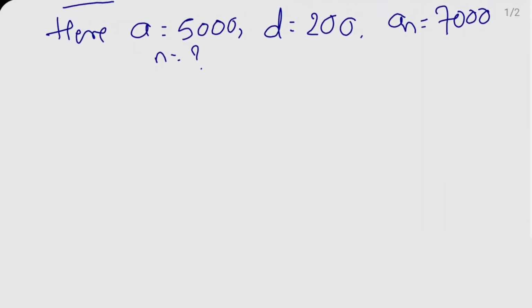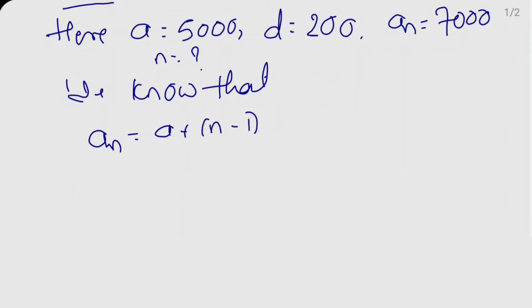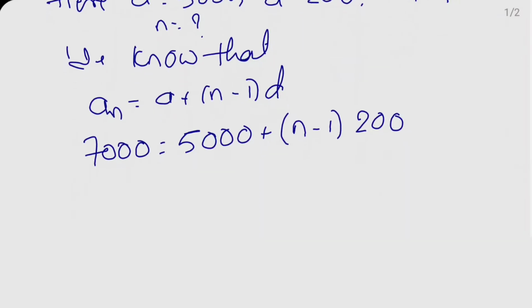So now here we know that AN equal to A plus N minus 1 into D. So here AN is 7000 and this equals A is 5000 plus N minus 1, N we don't know, keep as it is, and D is 200. Is it clear?